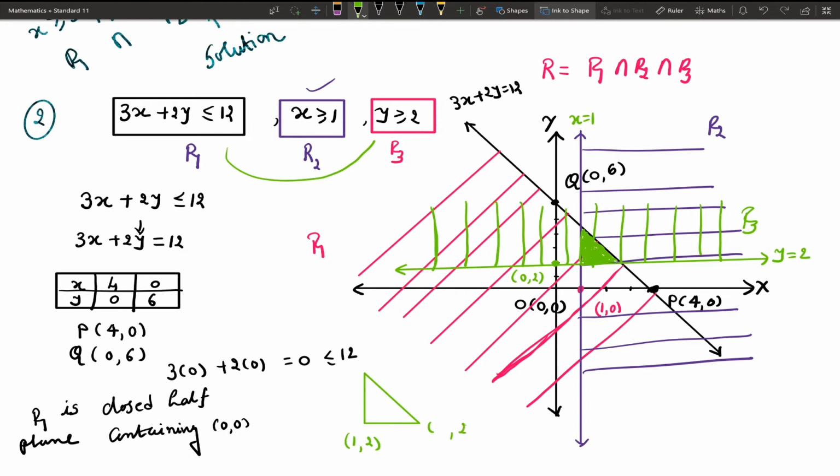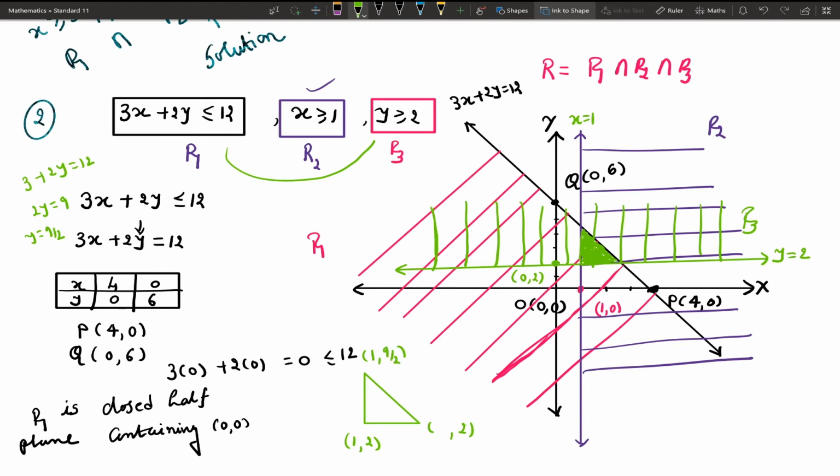If we take x equal to 1, then 3 plus 2y equal to 12, so 2y equal to 9, so y equal to 9 by 2. It is only for our understanding.